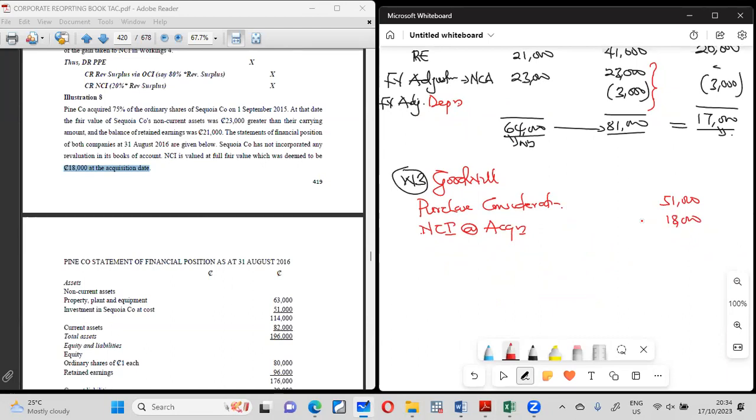Then the next thing you do is to less fair value of net assets at acquisition. How much is that one? 64. All right. So it's coming from your working 2, you less 64. So that is that. So what will be your goodwill at acquisition?